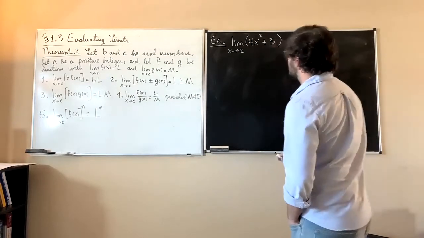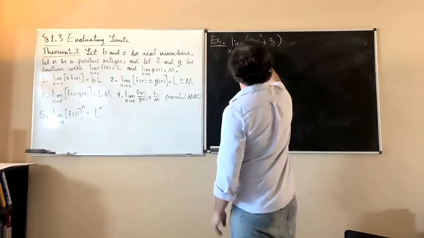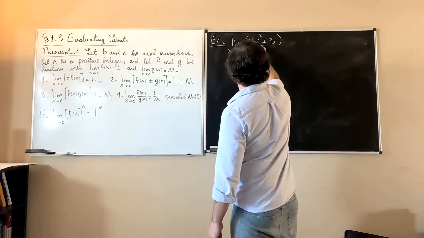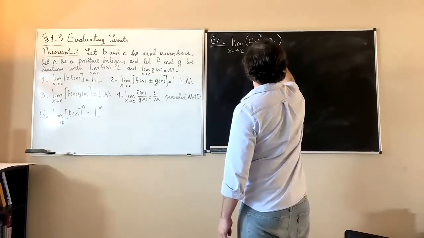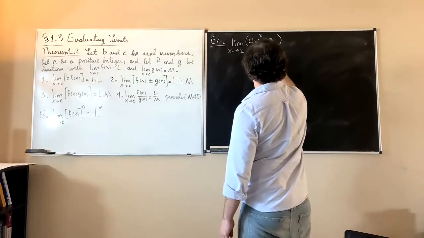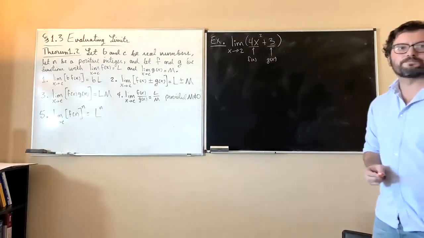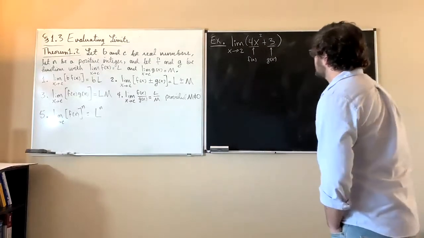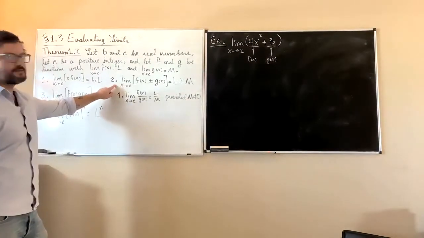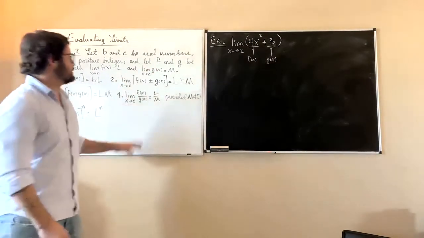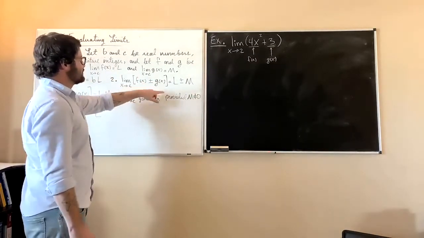So here is our limit, and we have a limit of sums. This is like f of x, and that right there you can think of as g of x. So we can apply Theorem 1.2 part 2 and just split this up. The limit of the sum is the sum of the limits.